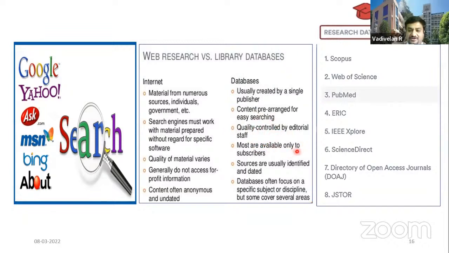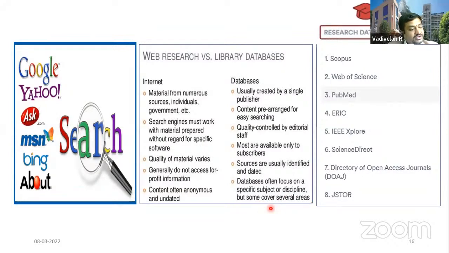Most are available only to subscribers, so this plays a role where you have to pay for it. However, some of them are also available free, and the sources are usually identified and dated. That's most important. These databases often focus on a specific subject or discipline, but some cover several areas also.